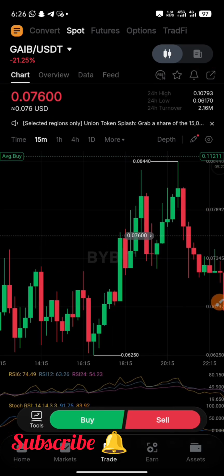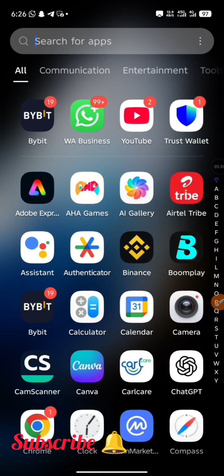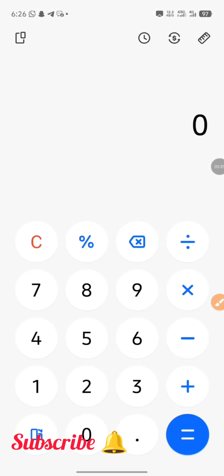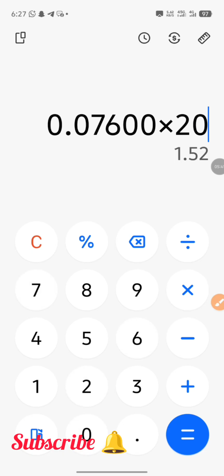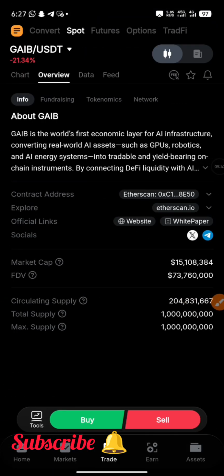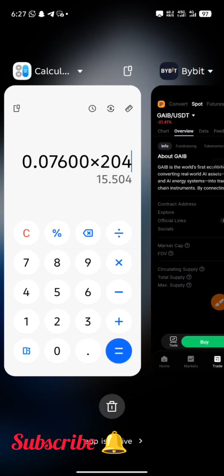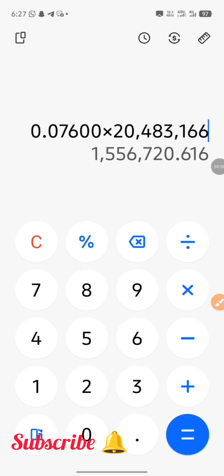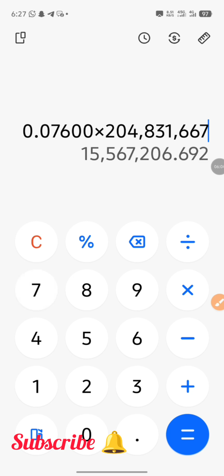Now let's do this quickly. 0.07600 multiplied by 204,831,667.